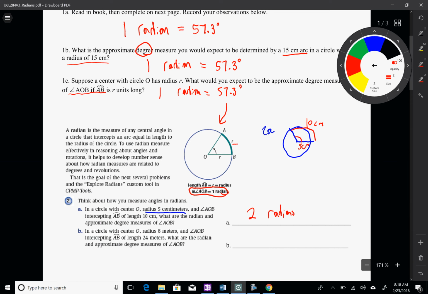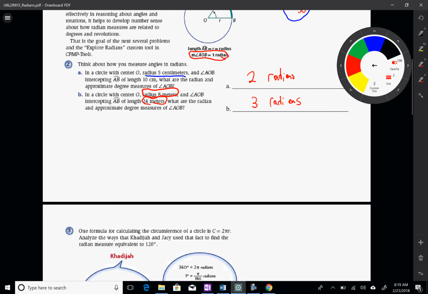In 2b, I don't even need to draw a picture. The radius is 8, the arc is 24, so the arc is 3 radiuses long, which means that central angle will be 3 radians. Hopefully you get the idea there. However many radiuses long the arc is, the central angle of the circle is that many radians in measurement.